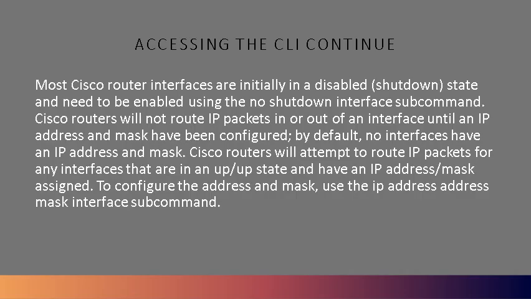By default, no interfaces have an IP address and mask. Cisco routers will attempt to route IP packets for any interfaces that are in an up state and have an IP address and mask assigned. To configure the address and mask, use an ip address mask interface subcommand.